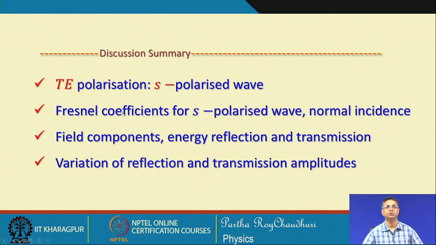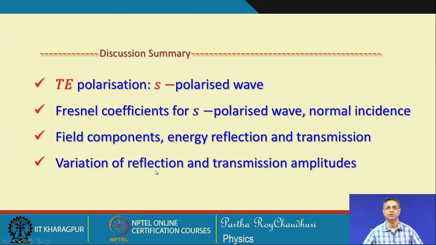So, in this discussion we have derived the reflection and transmission amplitude coefficients for the S polarized light. Then we have considered the case of normal incidence. We also worked out the individual field components for the electric fields and the magnetic fields, all in terms of the reflected wave and transmitted wave, and in terms of the incident wave amplitude also, utilizing the reflection and transmission amplitude coefficients.